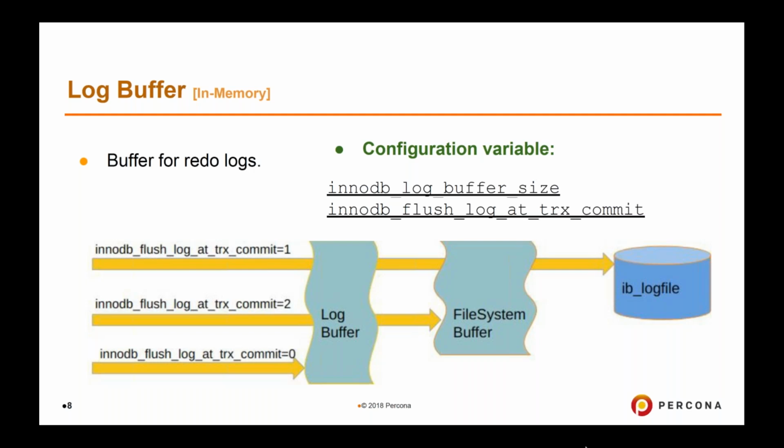If I set this value to 0, it will only write in the log buffer, which is very dangerous. Even if your MySQL is shut down and your OS is up, you're losing your data. That was not the case with earlier 1 and 2. So 1 is the safest one.